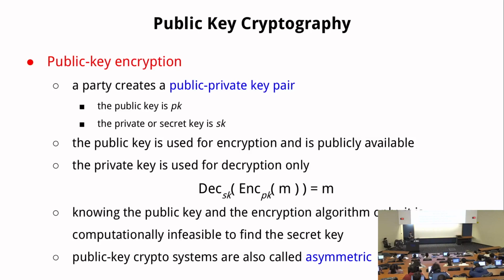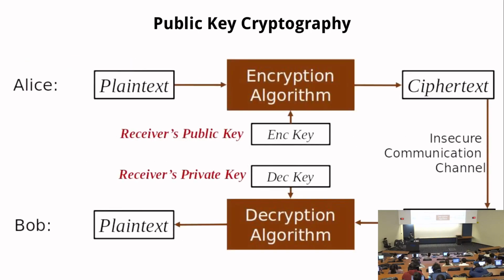Yeah. So this public key crypto system is also called an asymmetric key crypto system, because in a symmetric key system, the sender and recipient have the same key. It's symmetric. The public key system is not symmetric anymore.